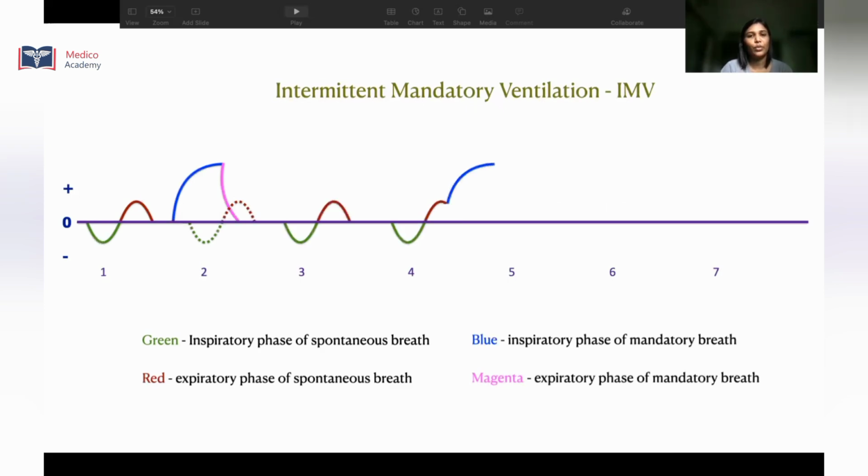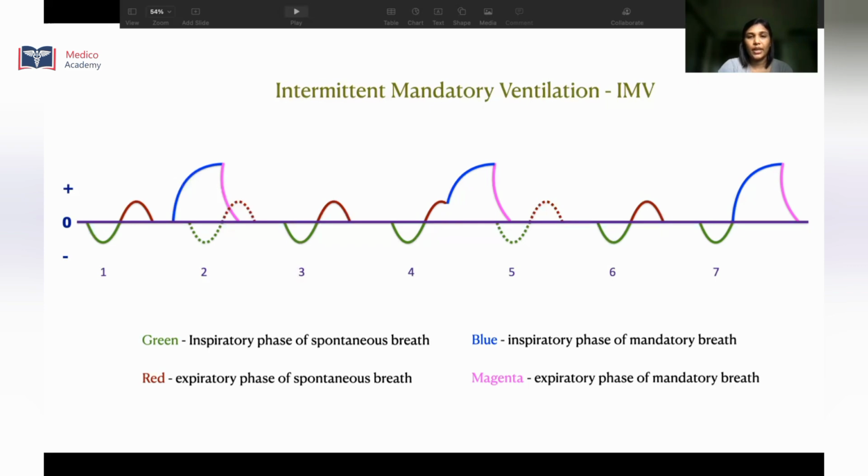As you can see, the blue and magenta graphs are mandatory breaths by the ventilator, whereas the red and green ones are spontaneous breaths by the patient. In between, you can see that the dotted lines are the places where spontaneous breaths should have happened, but because of the mandatory breaths delivered, that did not happen. Also, at the time of 4 seconds, there was a spontaneous breath here.